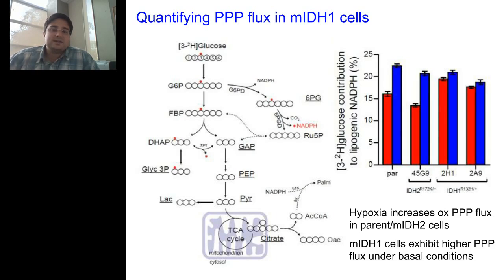So this is now leading us to another potential target to be exploited in IDH1 mutant tumor cells, as they may be unable to generate NADPH via IDH1 due to the mutation in that pathway.